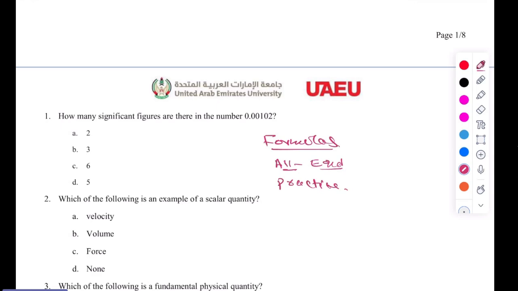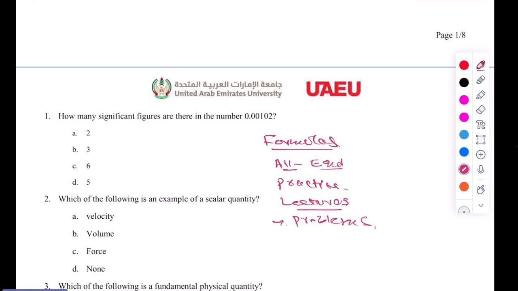We learn many times in lectures, we revise lectures, but we don't solve many problems. The exam is all about problems, so you need to solve as many problems as possible to get a feel of the exam.